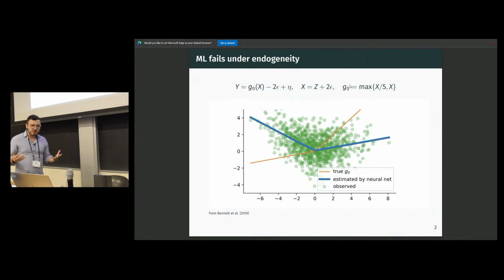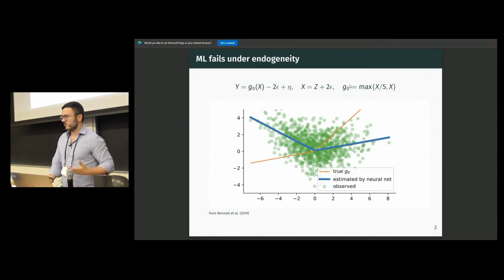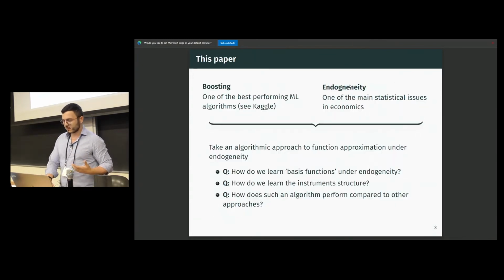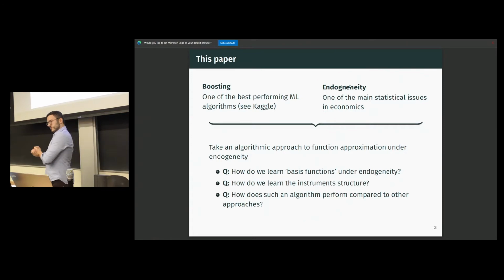So in this paper, we want to maintain the flexibility of machine learning methods and combine it with instrumental variable analysis. We do it by using insights from the boosting literature and taking an algorithmic approach to function approximation under endogeneity. In order to do that, we want to answer three major questions. The first is, how do we learn basis functions under endogeneity?